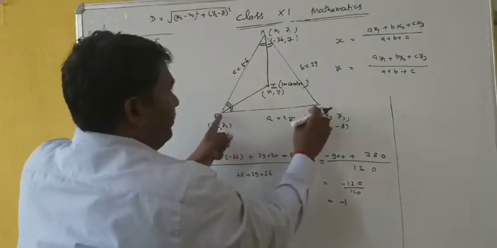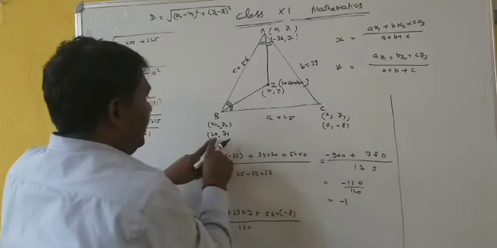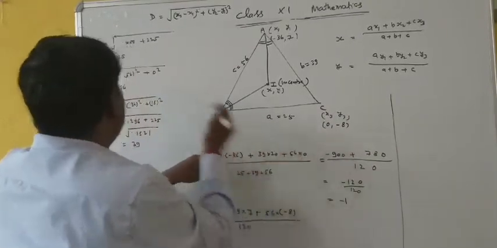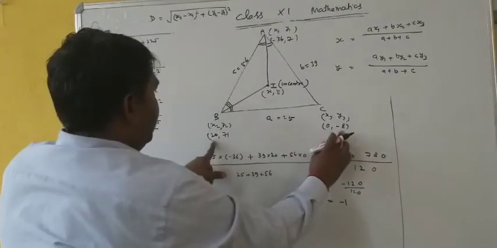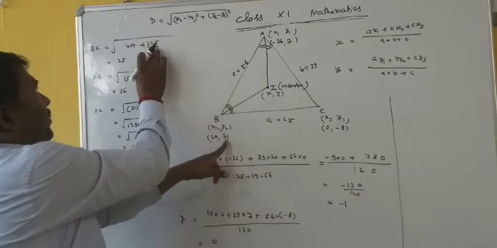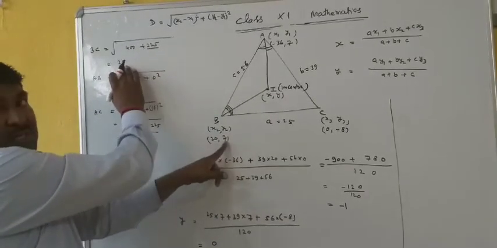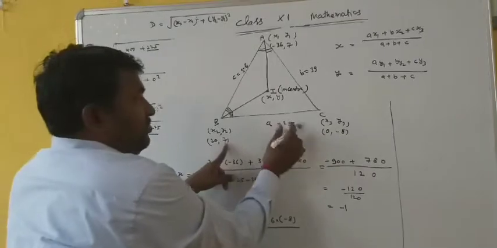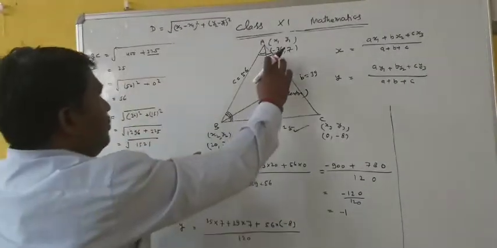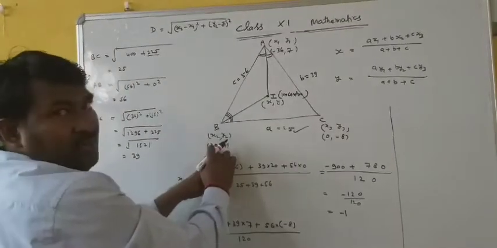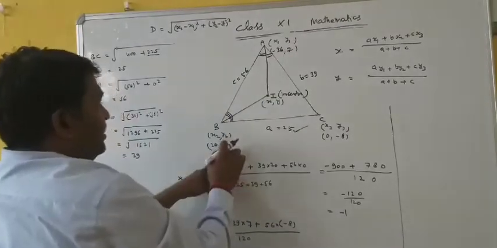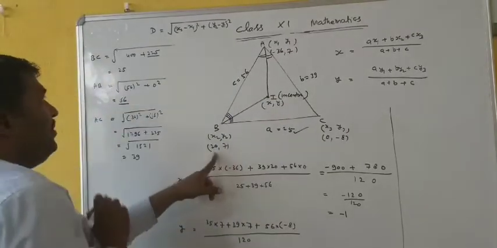See, you have to find BC. So you have this coordinate and this coordinate. x2 minus x1 means 0 minus 20, 20 whole square, 400. Minus 8 minus 7, 15 whole square, 225. You add, you get 625 and its square root is 25. So this side is 25. Now for this one, minus 36 minus 20 is minus 56, whole square means 56 squared, and 7 minus 7 is 0, so it gives you 56.